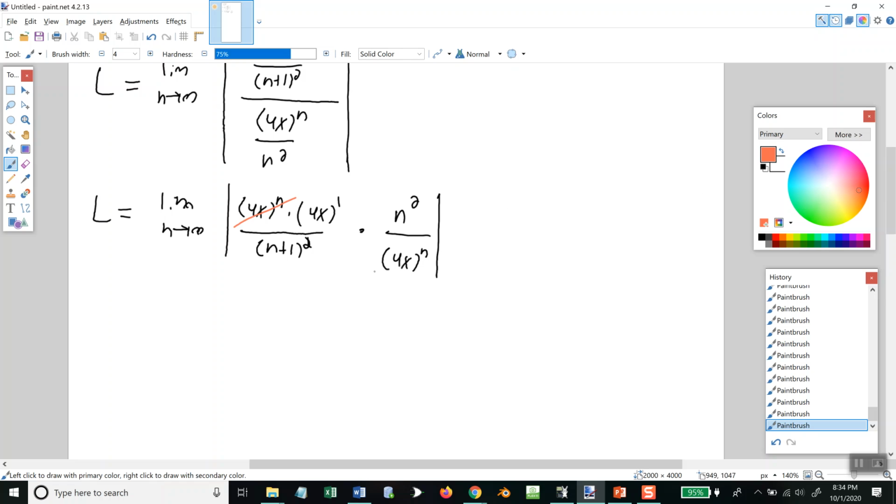The 4x to the n powers cancel. The 4x I can bring out in front because it doesn't have anything to do with the n, but I have to keep the absolute value around it. Can't drop that.